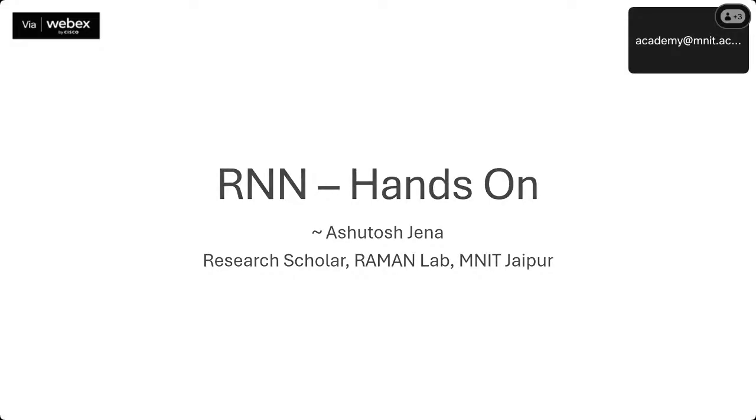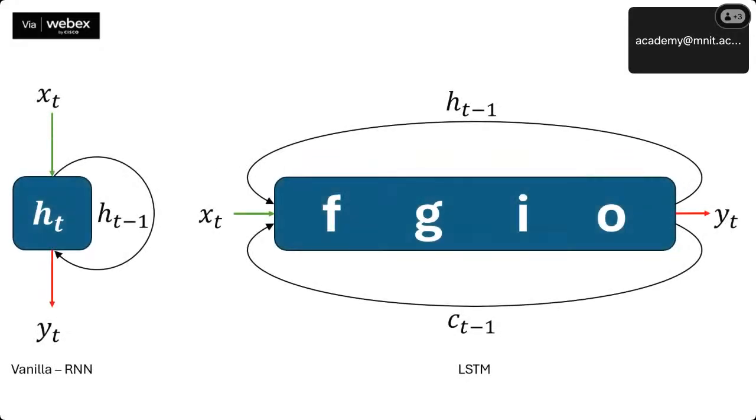Okay, so in the last hands-on session we talked about CNN and how it works. Basically, the same four steps are going to be used here as well. In this particular hands-on session, we are going to look at two models of recurrent neural network.